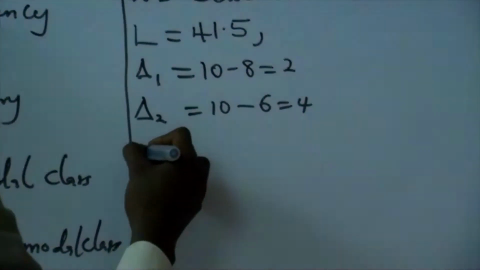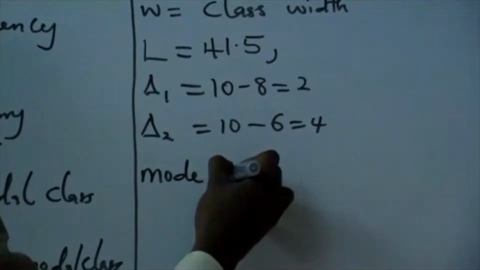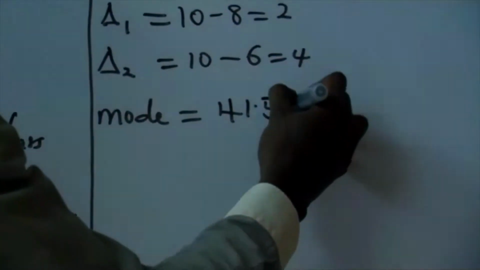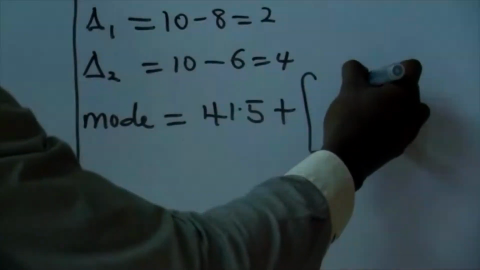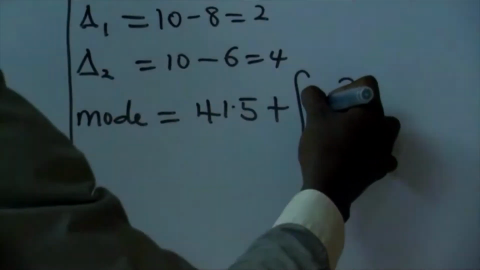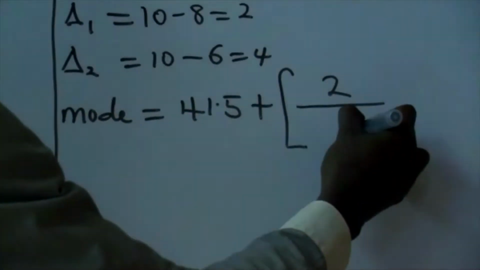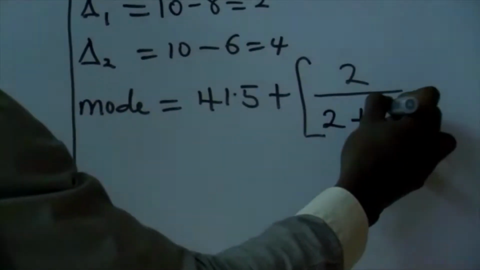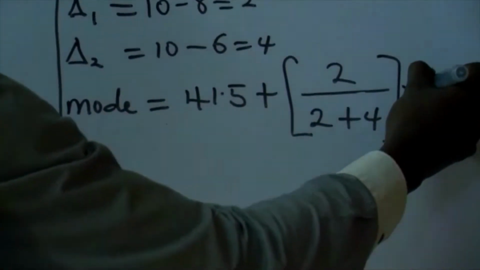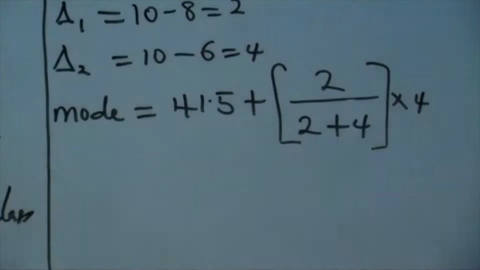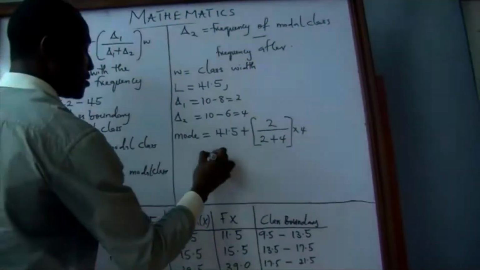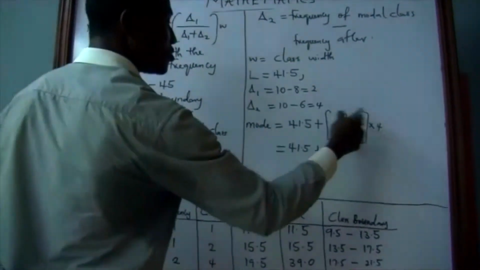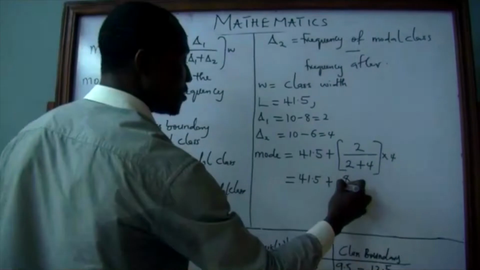Hence, the mode is equal to 41.5 plus 2 divided by 2 plus 4, multiplied by 4. And this gives us 41.5 plus 2 times 4, which is 8 over 6.